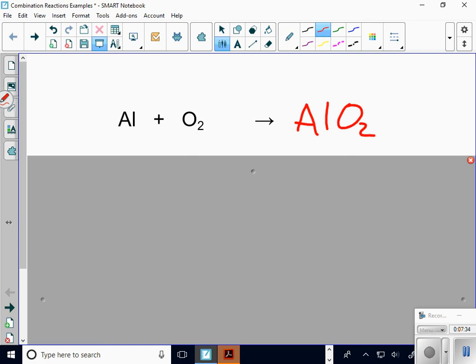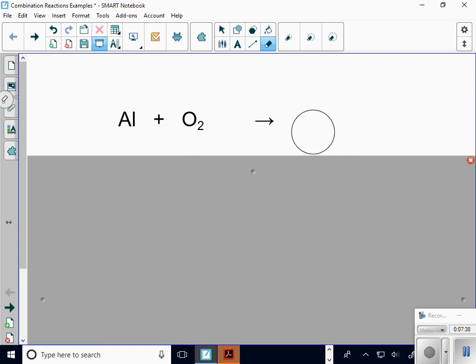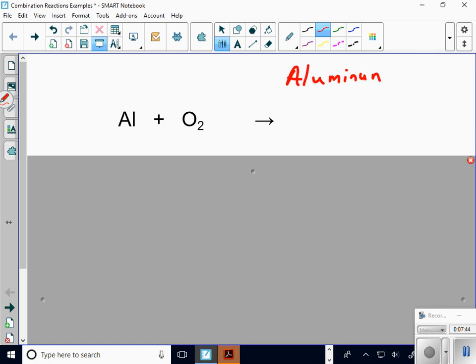So what I tend to do when I'm dealing with this is I actually think in my head, all right, when I form my metal oxide, it's going to be aluminum oxide. How would you write the formula for aluminum oxide?